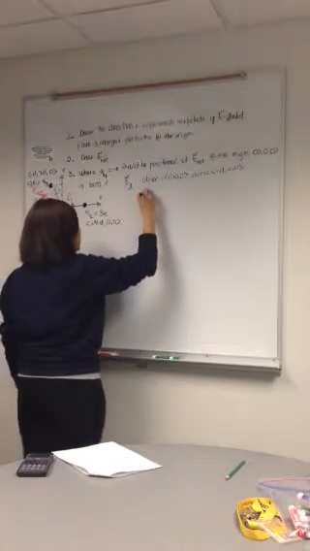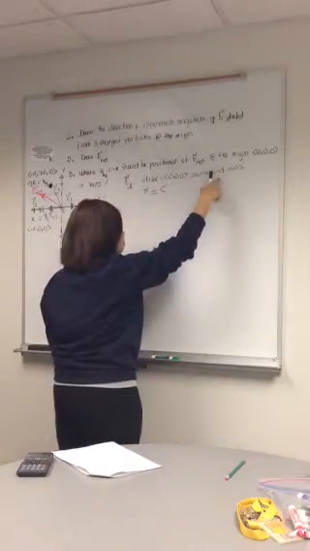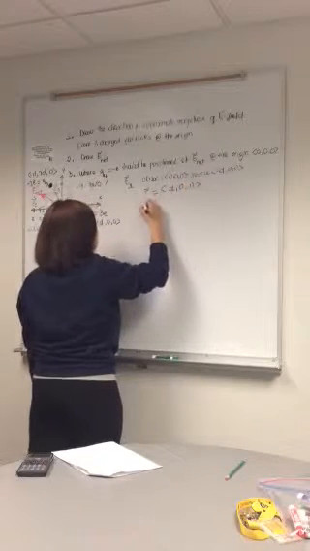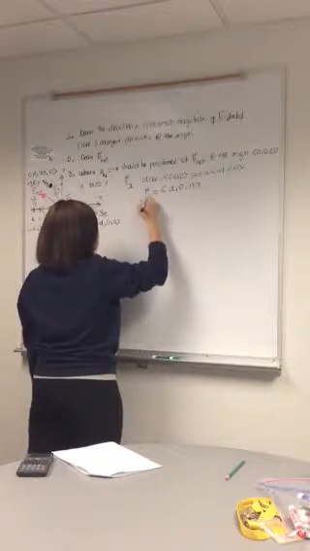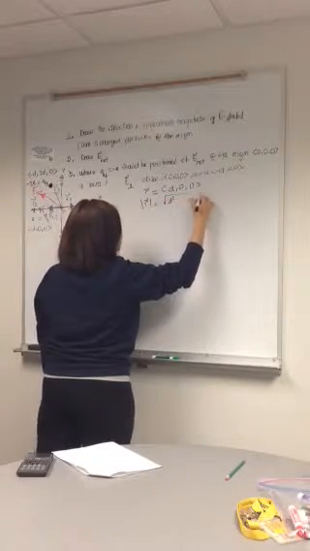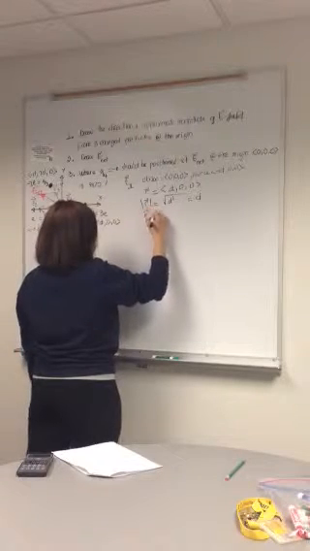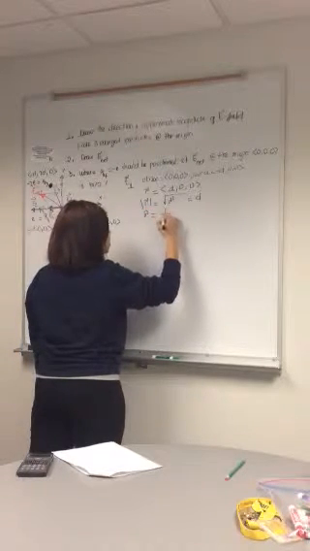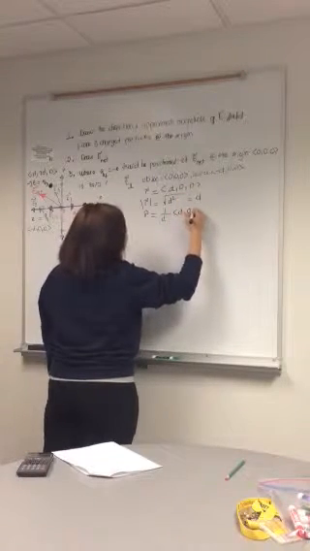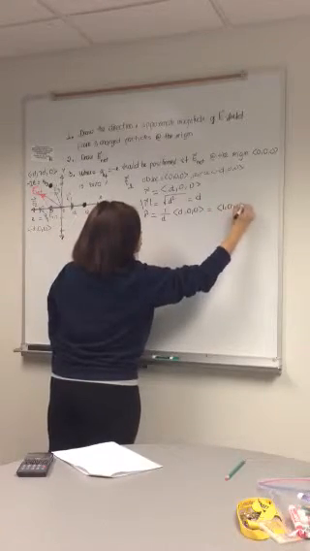So the relative vector would be the observation location minus the source, so that would be (d, 0, 0), and the magnitude of r would be the square root of d squared, that would be d, and the r hat would be 1 over d times (d, 0, 0), that would be (1, 0, 0).